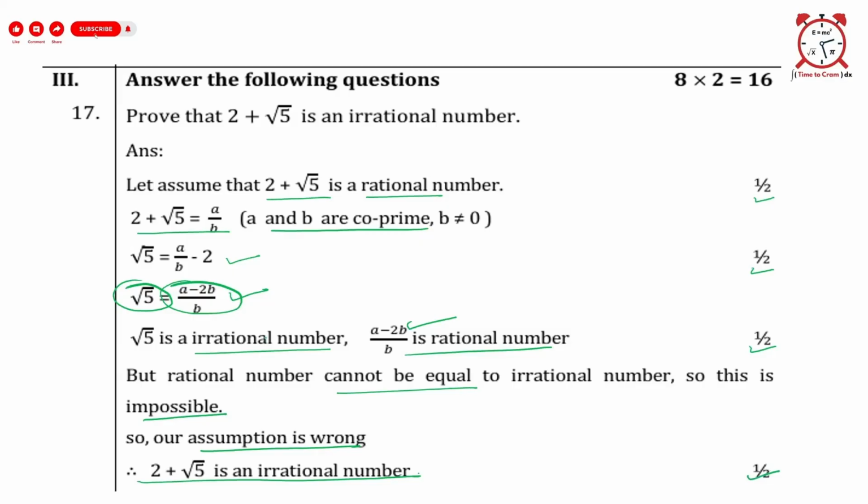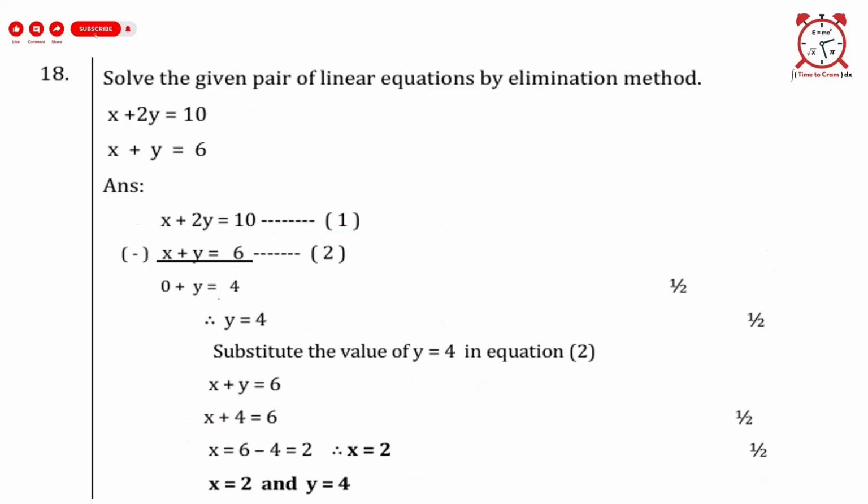Next, question number 18. Solve the given pair of linear equations by elimination method. Here the method is given as elimination, so we have to write one equation below the other. Here we do subtraction, because both variables have coefficients with the same sign. After changing the sign, we get the elimination of x, and we get y equal to 4.